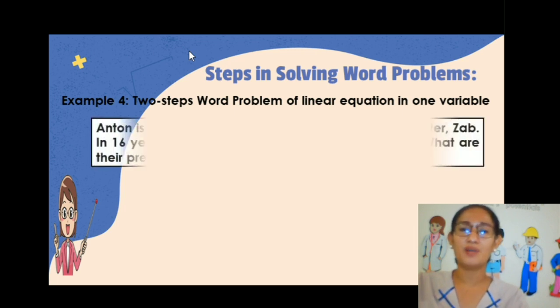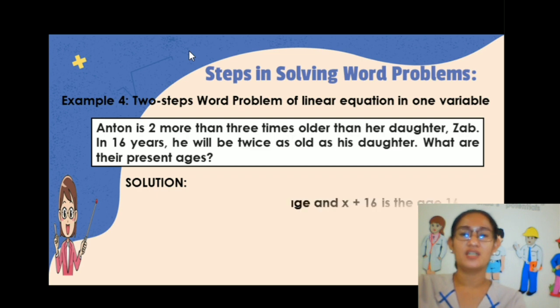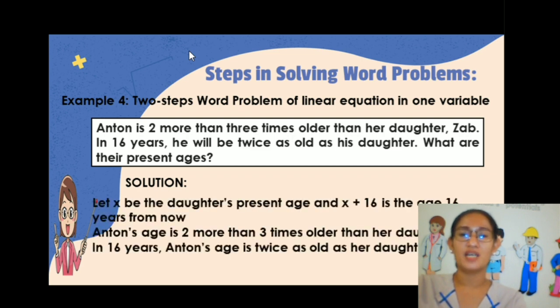Let's have another problem. Anton is 2 more than 3 times older than his daughter Sab. In 16 years, he will be twice as old as his daughter. What are their present ages? Solution. Let x be the daughter's present age and x plus 16 the age 16 years from now.